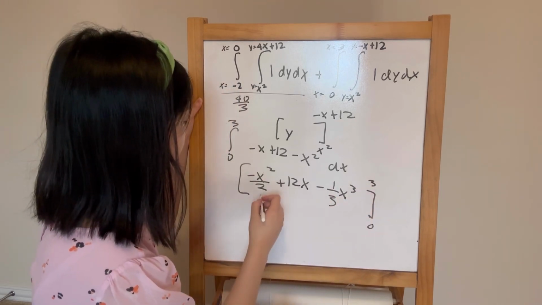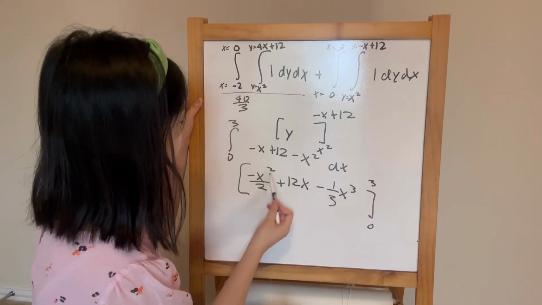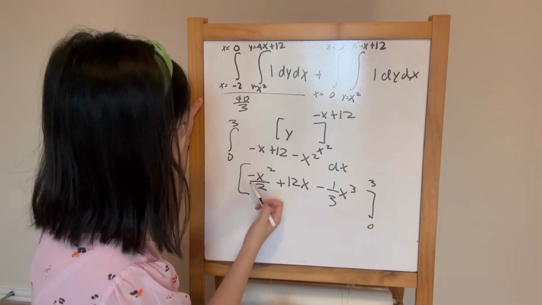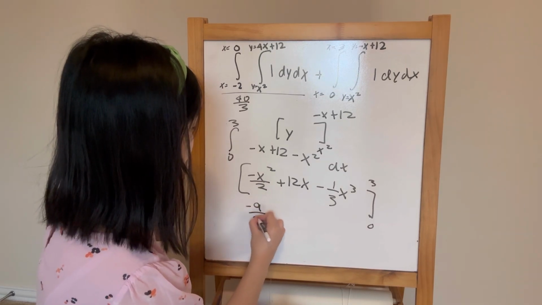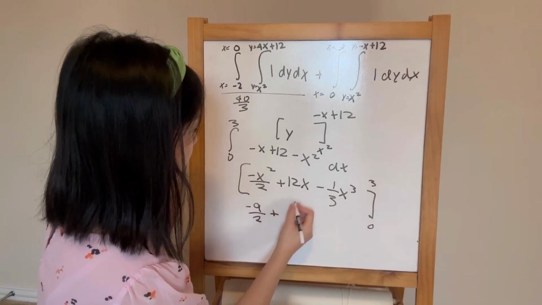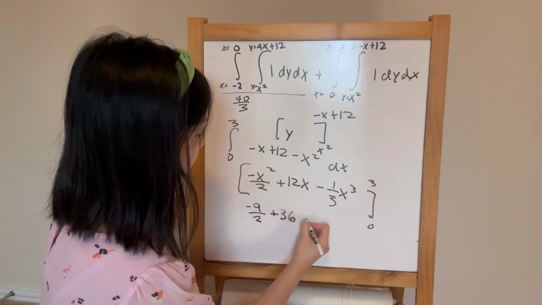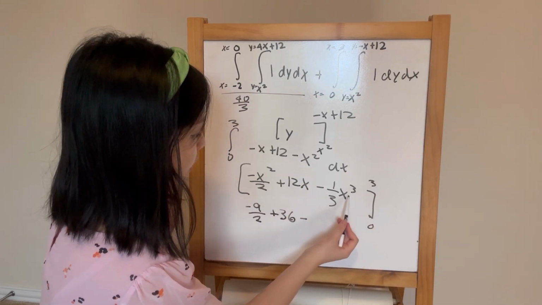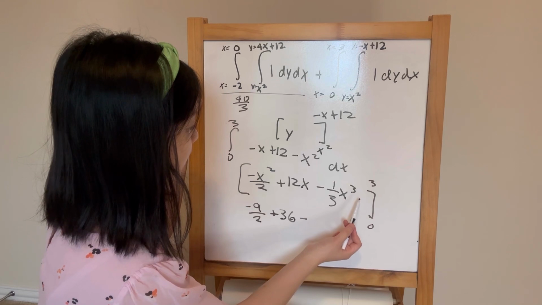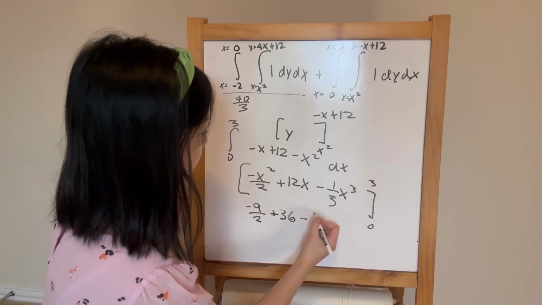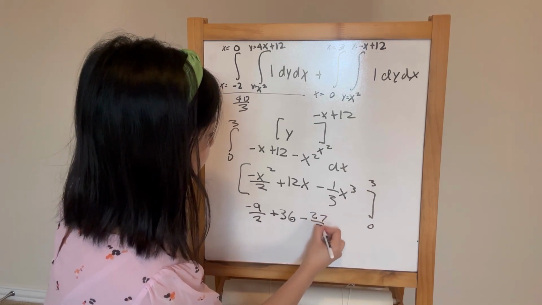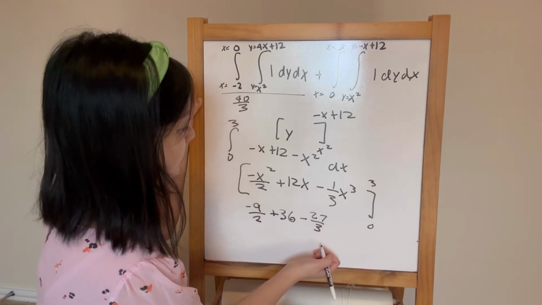And now we plug it in. So 3 squared, that's going to be 9, and that's going to be negative 9 over 2 plus 36 minus, so 3 times 3 times 3, that's going to be 27 over 3, which is going to be 9.